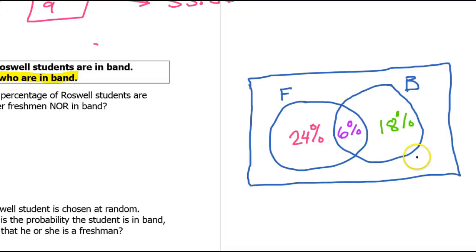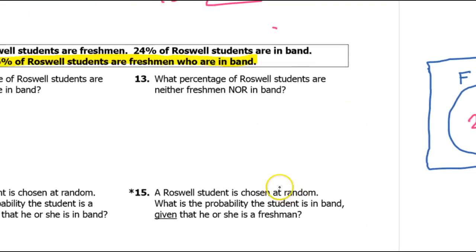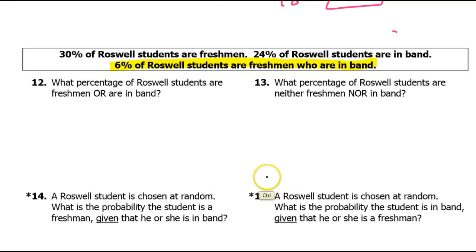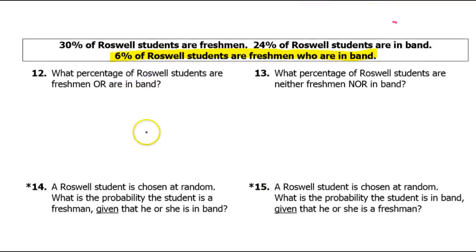Okay, so this must be 52% out here. If I add all these up, that would be 100%. So I know this has got to be 52%. Now I've got my solid Venn diagram ready to go. So I should be able to answer all of these questions.